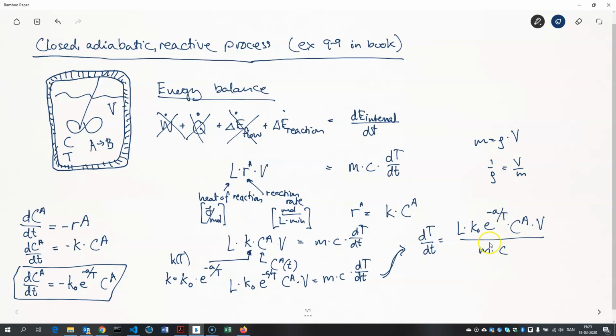So I'm able to replace these two by 1 over the density. So I'll simplify the equation slightly. Like this.